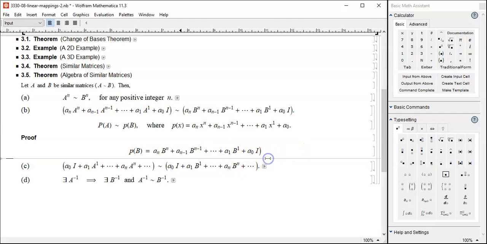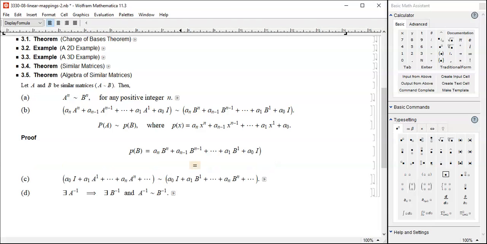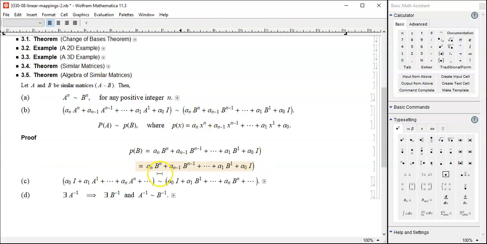And then that's the same as T inverse A T, and then this is T inverse A to the nth power T and so on.